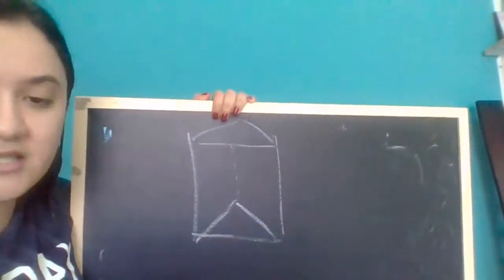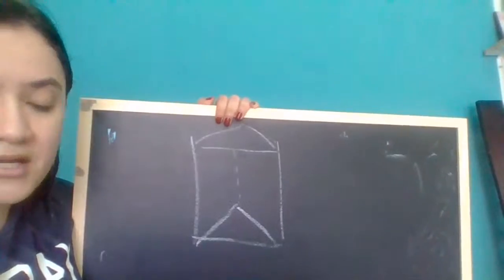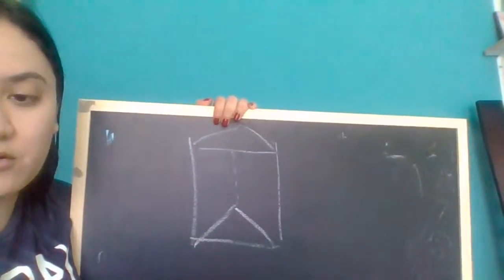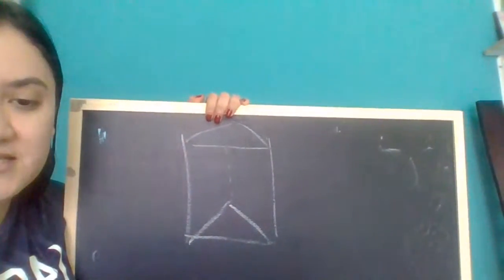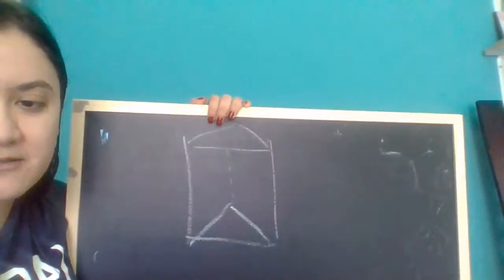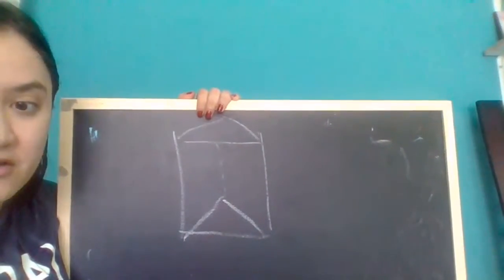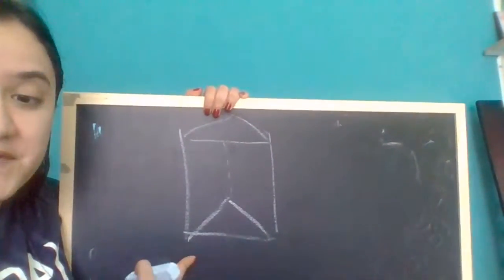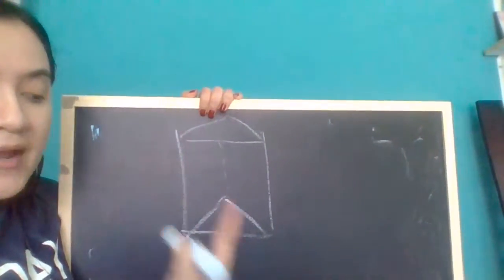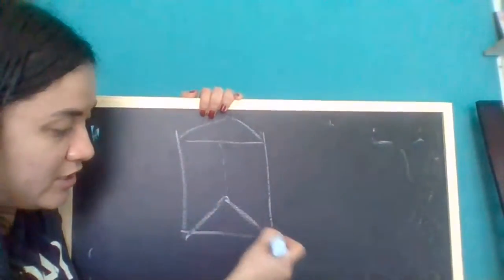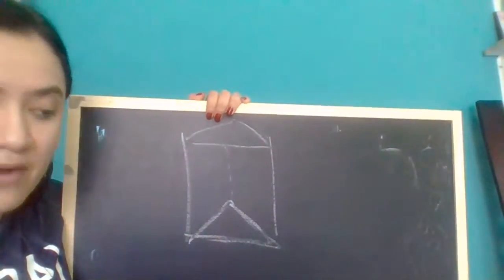Is it like a rectangle? Is it like a circle? What shape is the base? A triangle. Very good, Ezekiel. So the name of this prism is triangular prism because the shape of its base is a triangle.